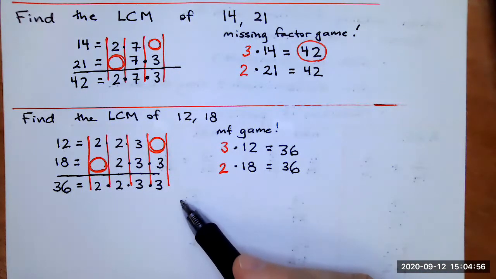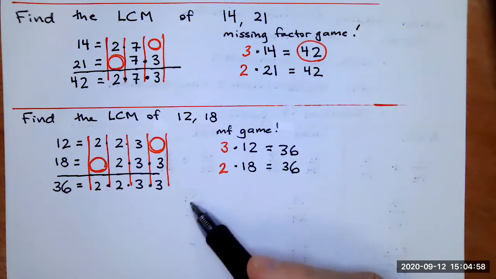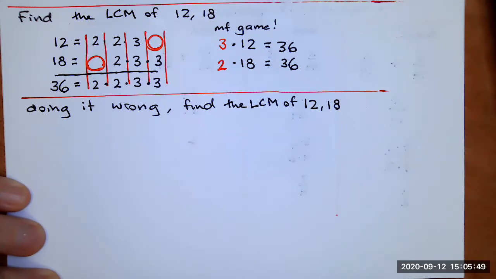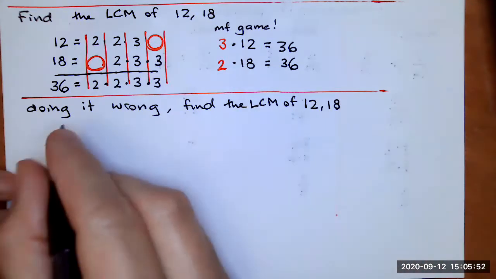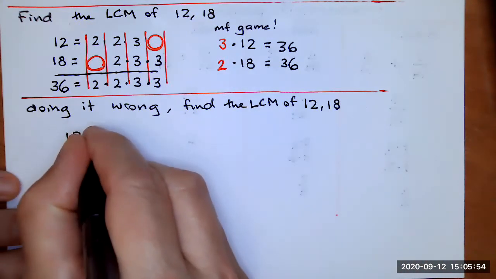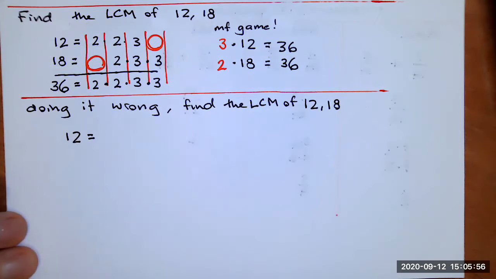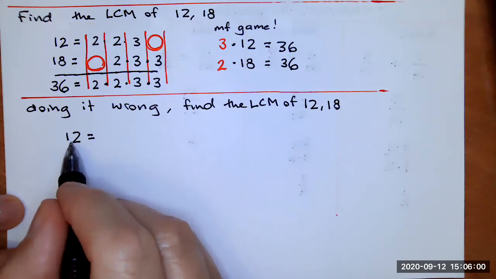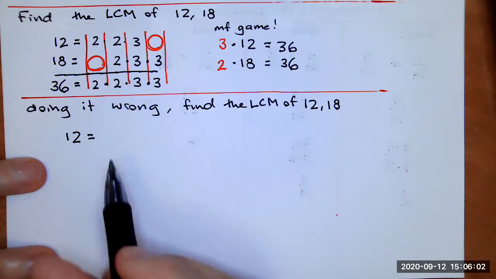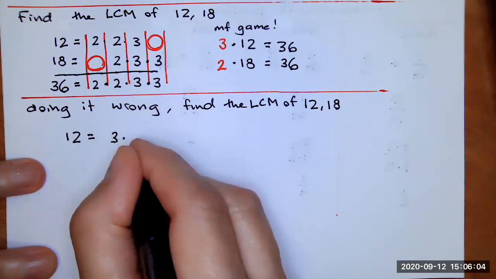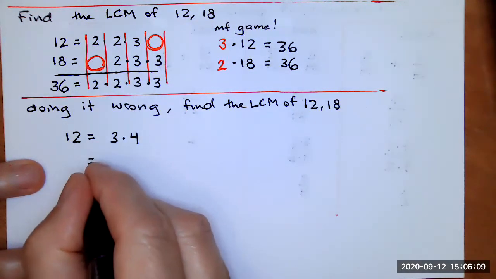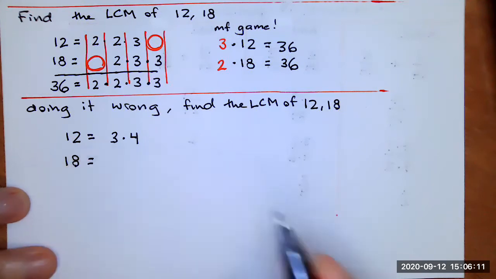All right, let's do this example again without prime numbers to show you what can go wrong. Let's do it wrong on purpose just to see what happens. So if we just wrote 3 times 4 instead of breaking it all the way down for 12, and then 18 is 3 times 6.